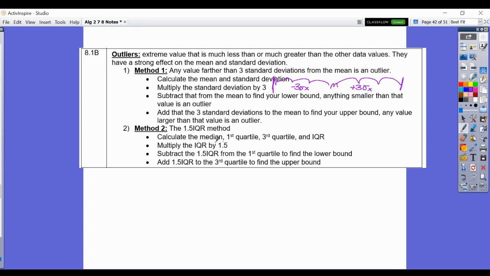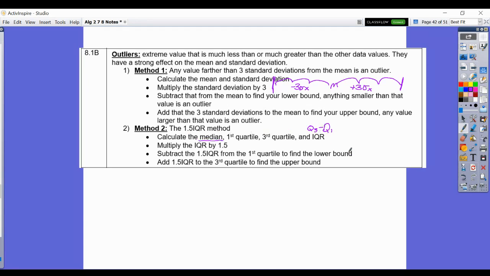And what else? The other method is the interquartile method. So in order to do that, you need to have your first quartile and your third quartile, subtract them to get your interquartile range. And then you also need to have the median, because that's the middle, right?